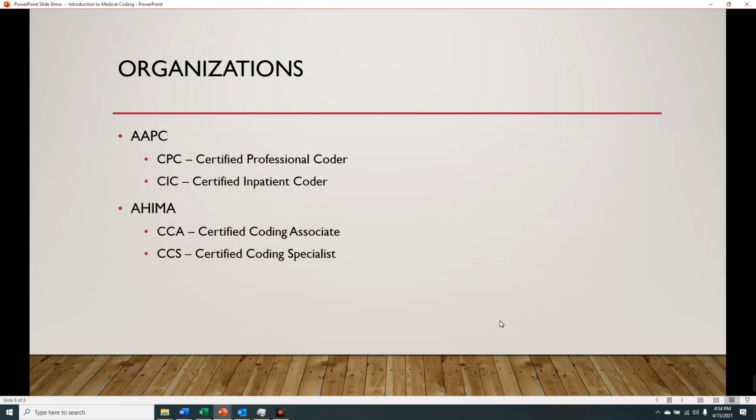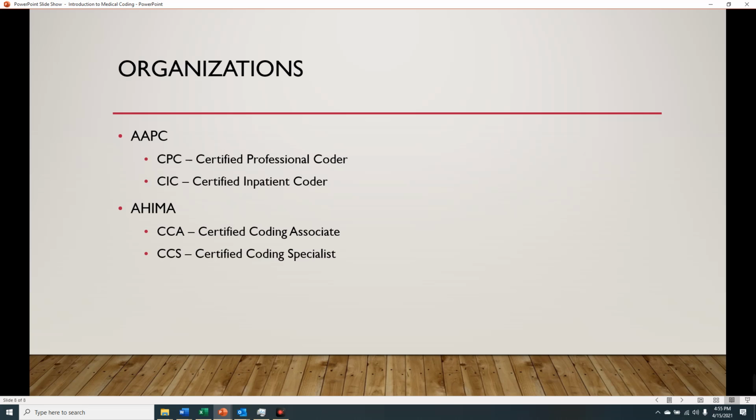Then the last thing that I wanted to touch on, because it is imperative that we start talking about certification early on, is that there are different organizations that certify coders. The AAPC and AHIMA are the two gold standards, and AAPC has the Certified Professional Coder and the Certified Inpatient Coder. They also have additional ones.